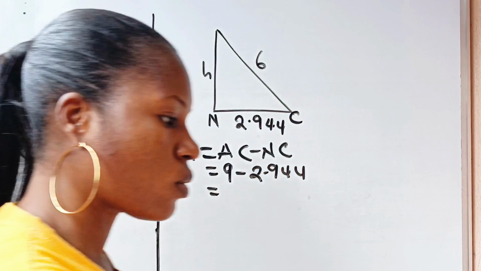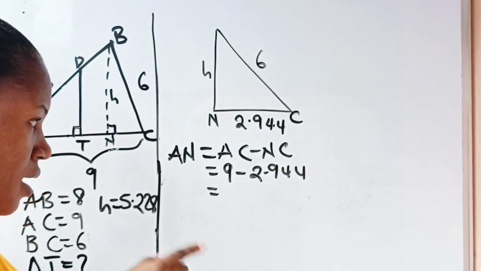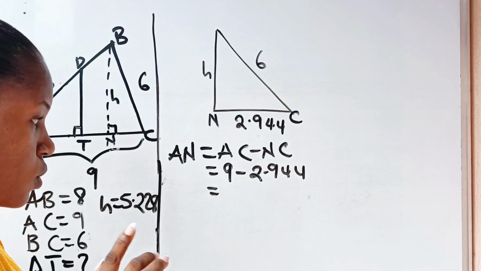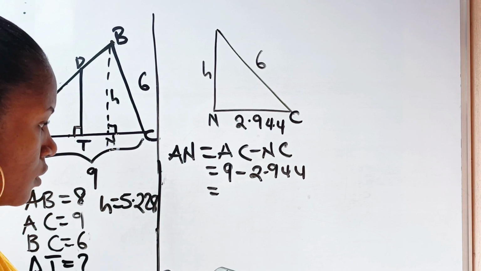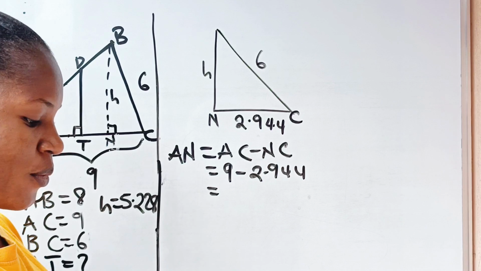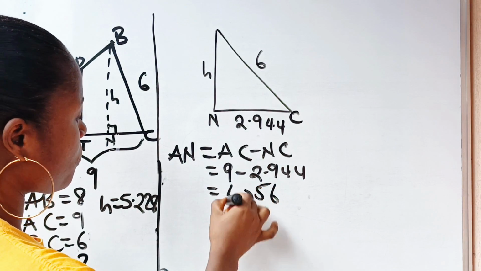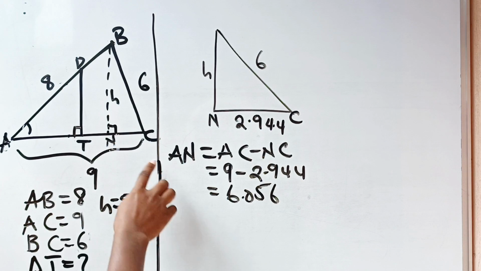I made a mistake in the calculation somewhere, so I had to start from here again. So 9 minus 2.944 will give us 6.056. All right, now this is our AN.